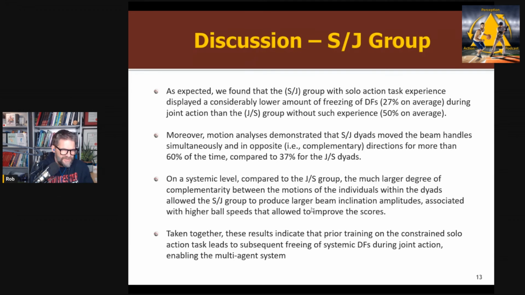They're developing a synergy where I lift up, you lift up, right? Or you lift down, right? They're working together as a system to coordinate, and of course, they achieve the best performance overall, right? Which is what Bernstein predicts. You need to eventually move from freezing to freeing, because freeing is a more sophisticated movement solution. It allows for more adaptability and much better performance, right?